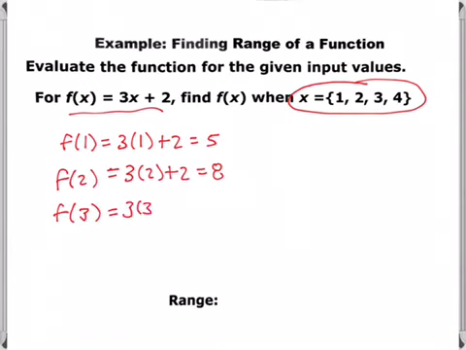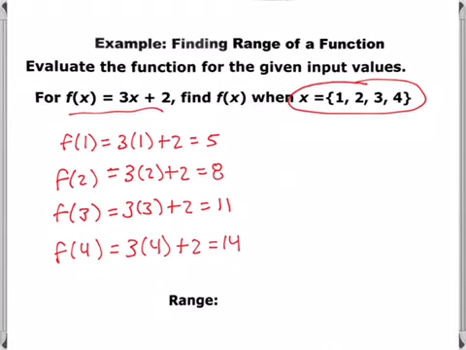We get 3 times 3 is 9, plus 2 is 11. And then last but not least, we plug in 4. You've got 3 times 4 is 12, plus 2 gives us 14. So in this case, our range can be represented by the values 5, 8, 11, and 14.